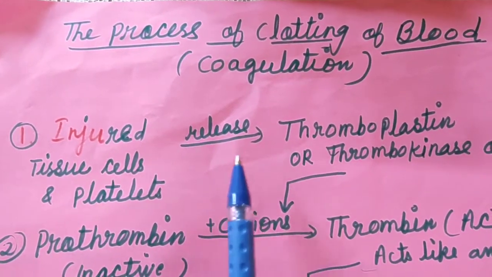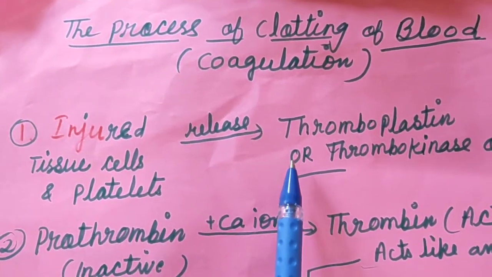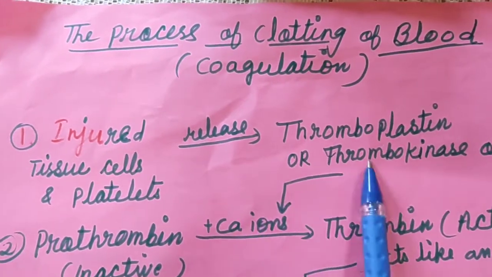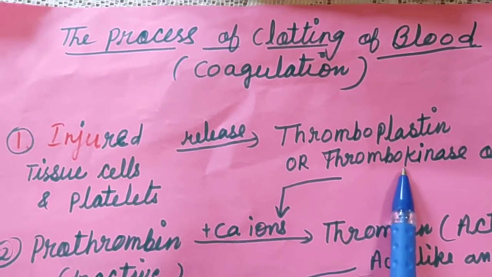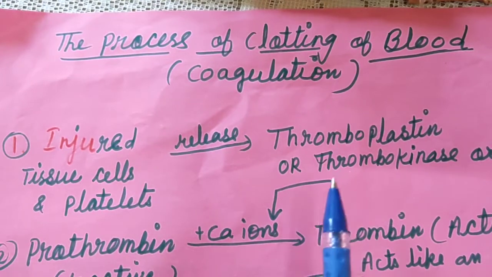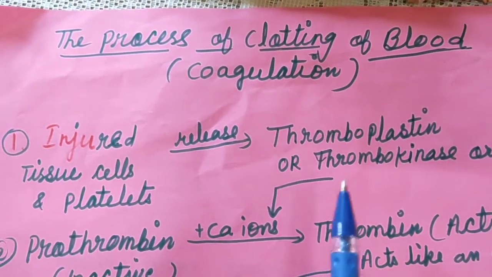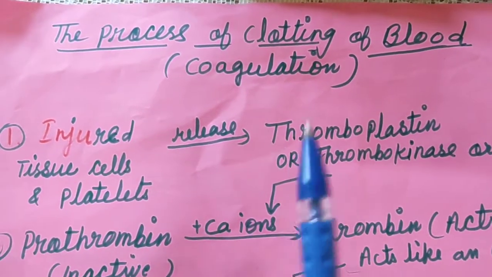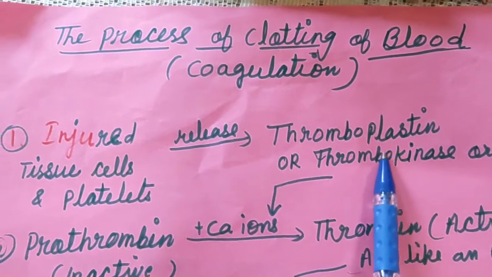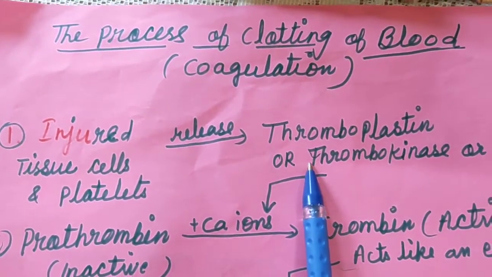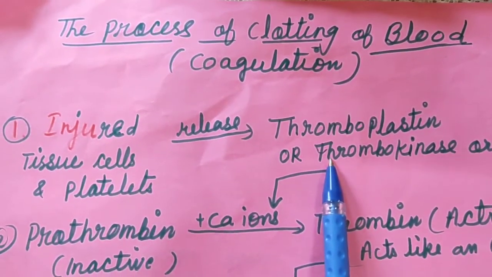But soon a clot is formed on the wound and the flow of blood is stopped. If it were not so, the injured person would bleed to death. That's why clotting of blood is very necessary.